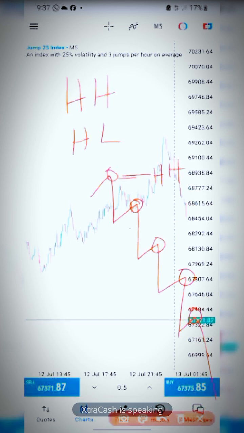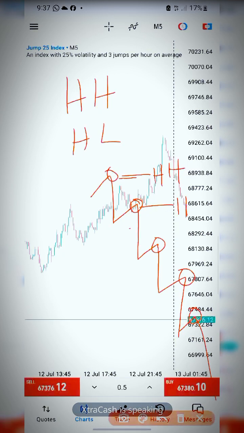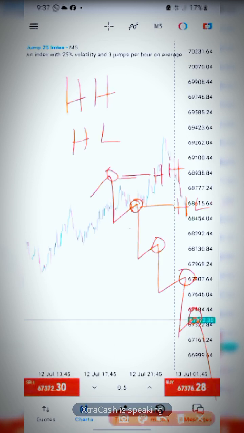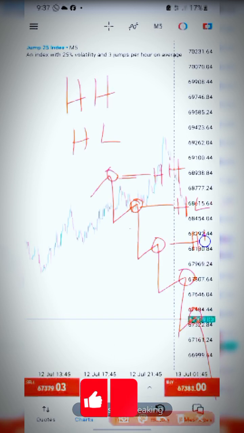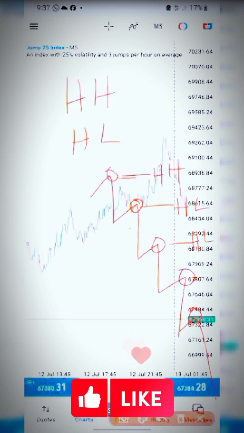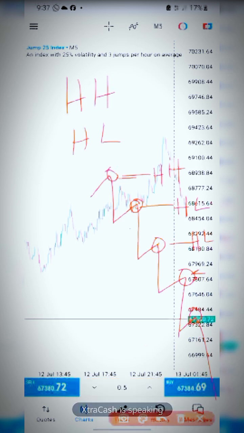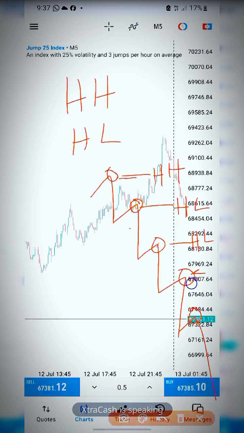Identify it as a higher high. The next one is a higher low. It is higher, but it is lower than the first level. Then the third one is also a higher low. It is higher than this one, but lower than the next one. So the others are higher low, higher low. These two are all higher lows.